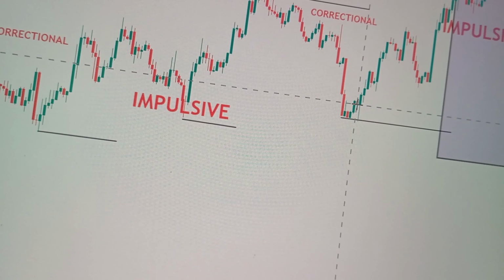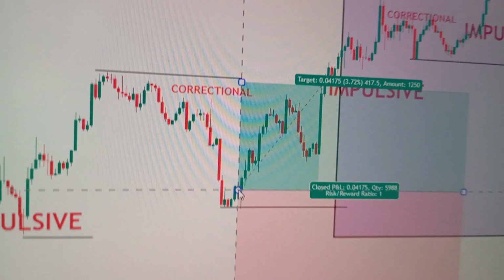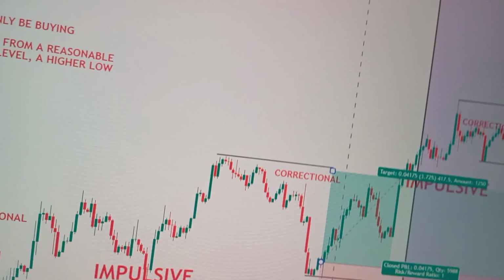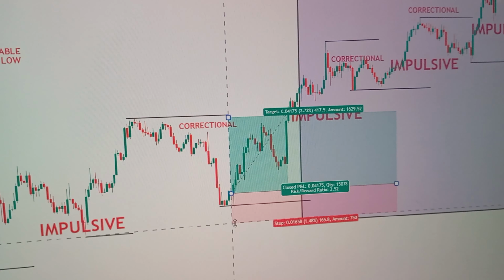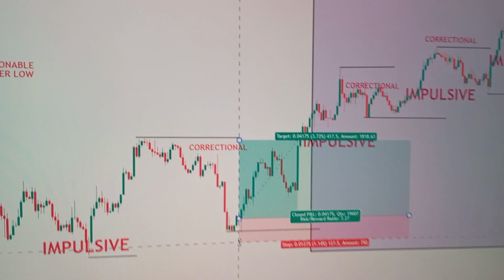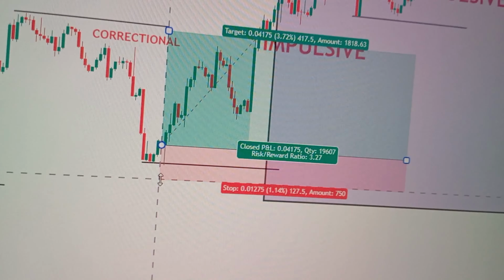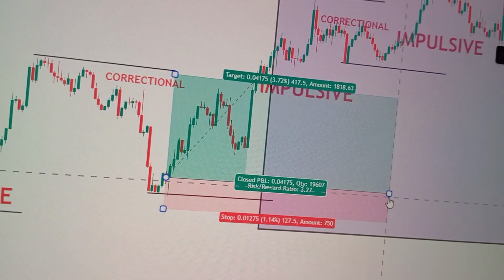You should just place your buy position. Then set your stop loss. Tighten your stop loss. Set it to the pips you want it to be. Although we are on the higher time frame, that's why the pip count is high here. I'm seeing 127 pips. Sometimes too much for a day trader, maybe not bad for a swing trader.